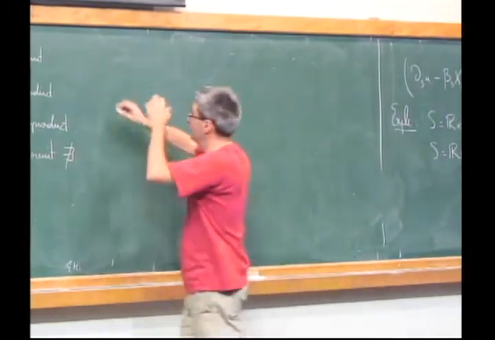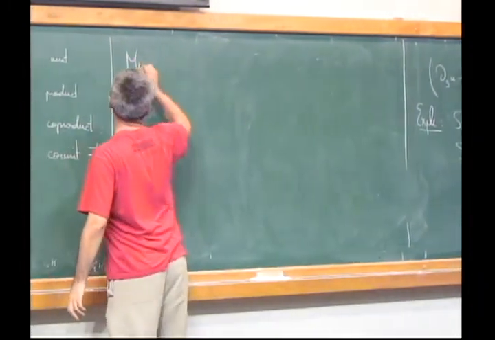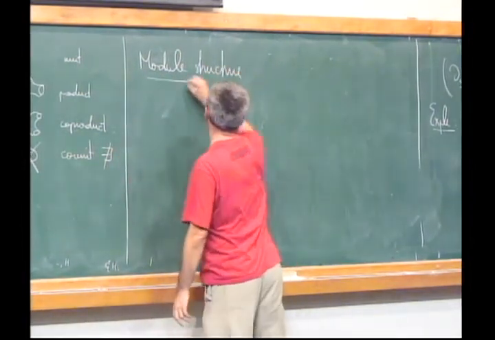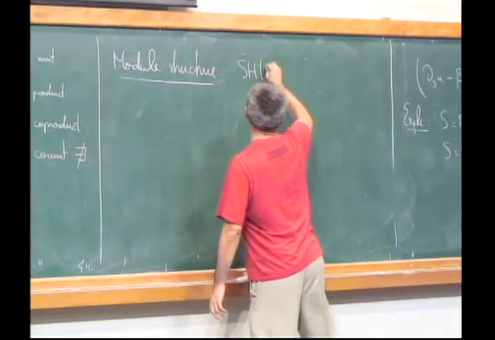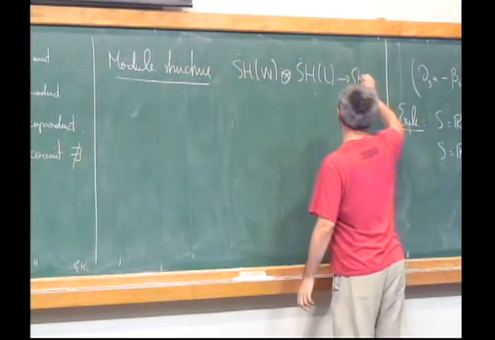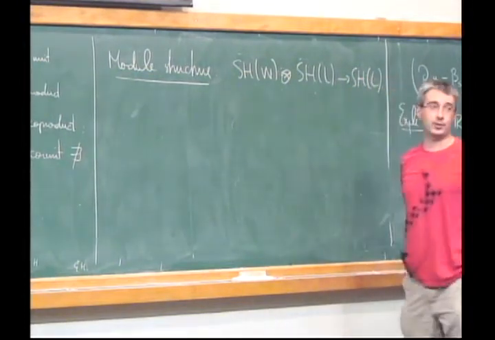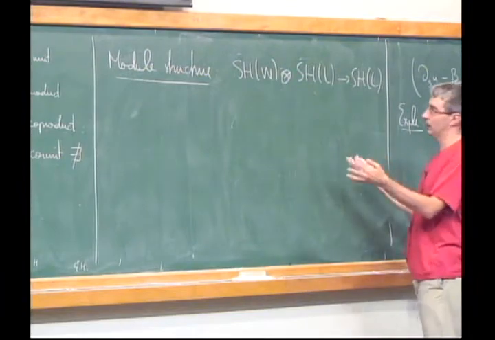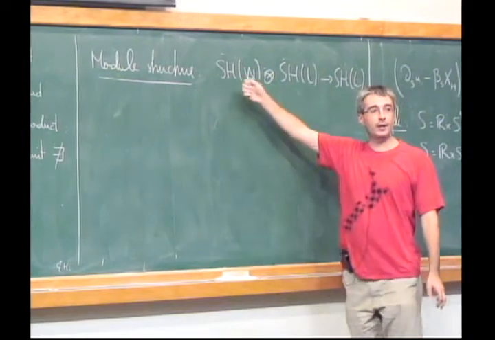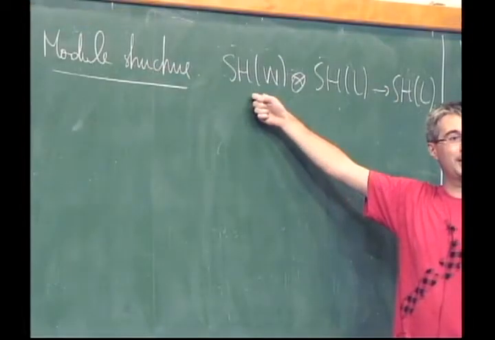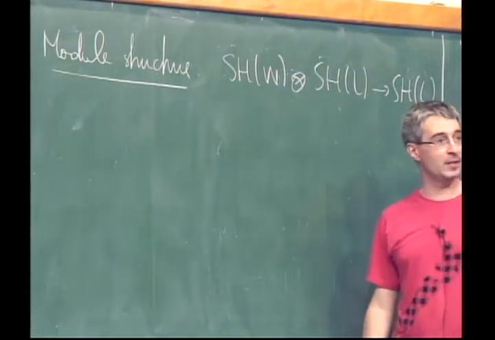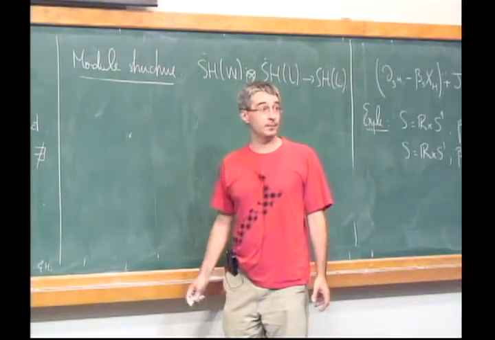So for the module structure, yeah? You have to count these guys. You want to define such an operation. So what does this operation do? Well, now you want one input which is in symplectic homology, namely a periodic orbit. Inputs given by periodic orbits are given by interior punctures.